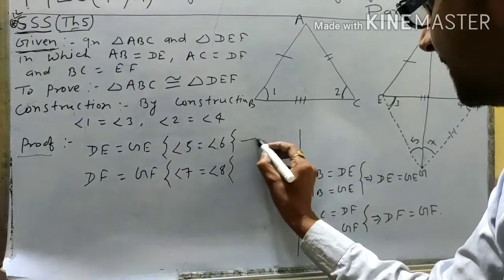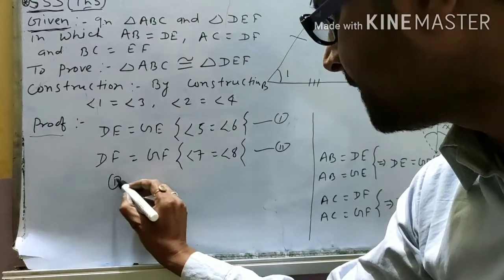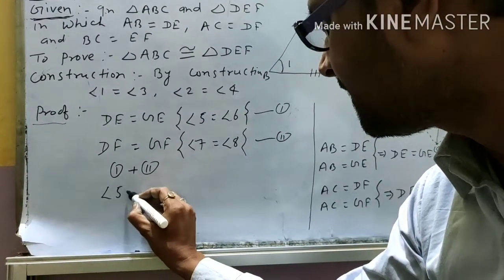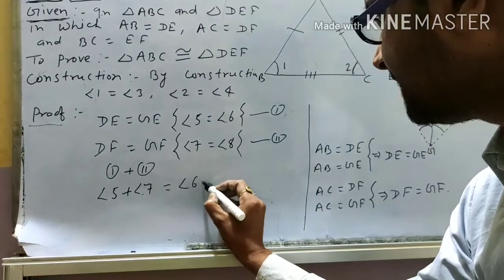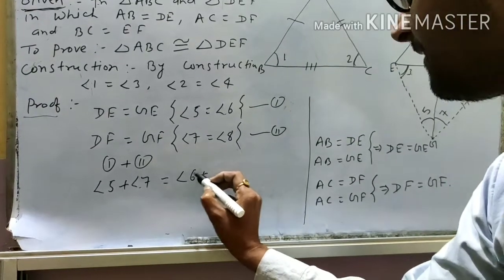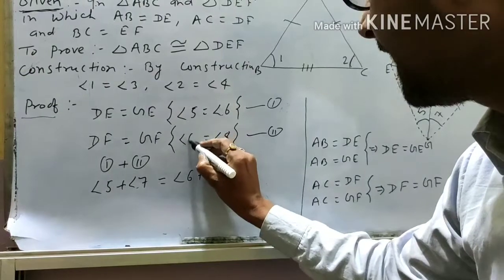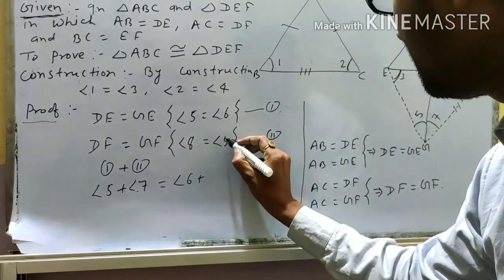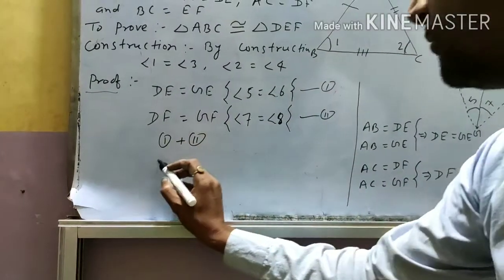Okay student, this is equation first, this is equation second. So equation 1 plus equation 2, adding these two equations, what will we get?